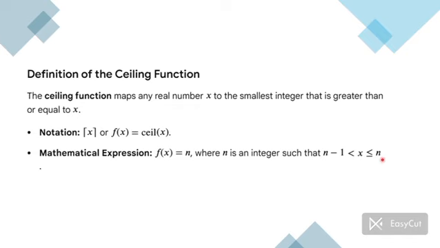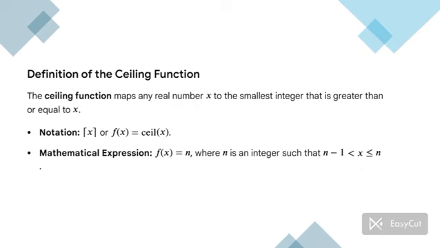Otherwise we would have n plus 1, n plus 2. So the smallest one from all of these is n. So this n is the ceiling function. f of x is equal to n, the number greater than or equal to x. So this is the definition of the ceiling function.